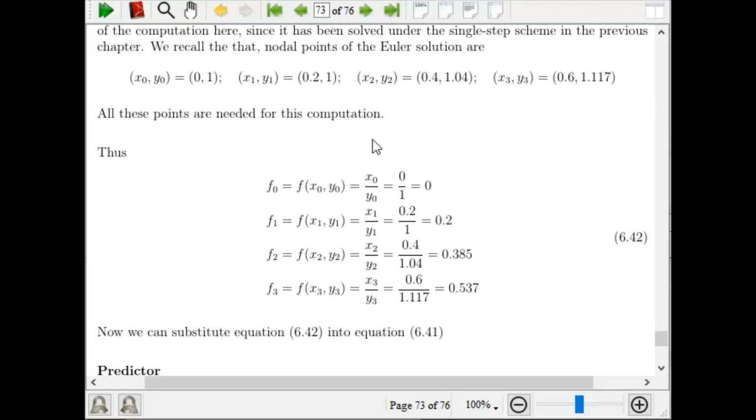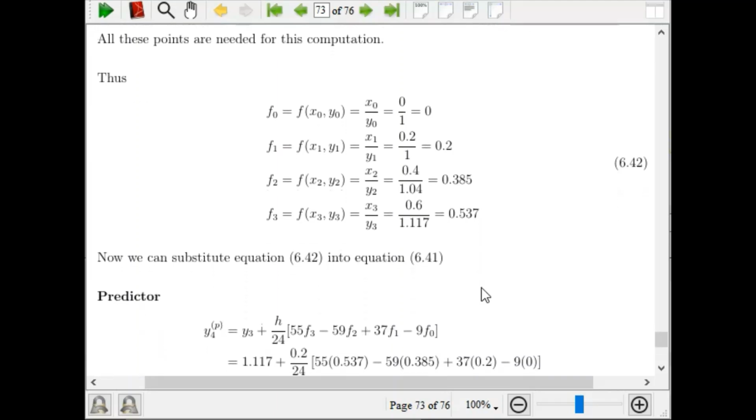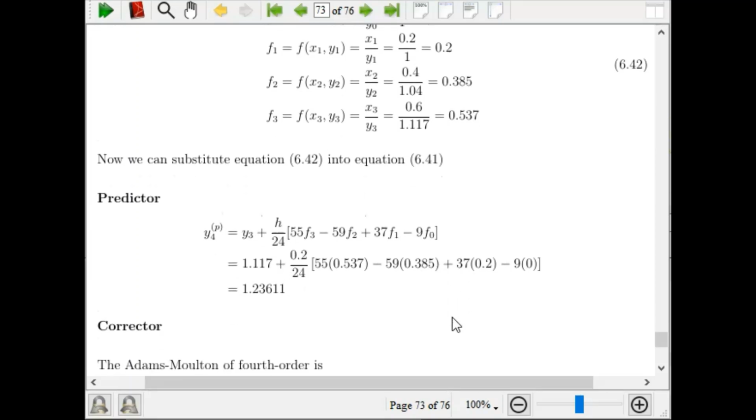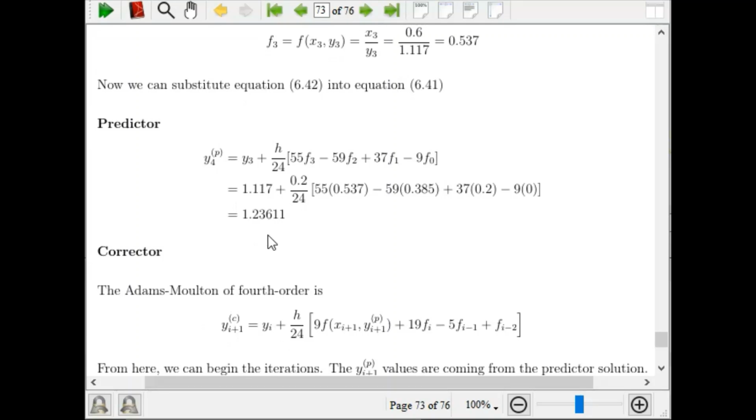When the function changes, please note, we have to change how we are computing this. These are functional values, and that is why you see this over that. So this is f0, f1, f2, and f3. We plug them into the formula straight. We know y3. We plug them in here and simplify. And that is the predictor solution for y at 0.8, the solution for Adams-Bashforth fourth order.